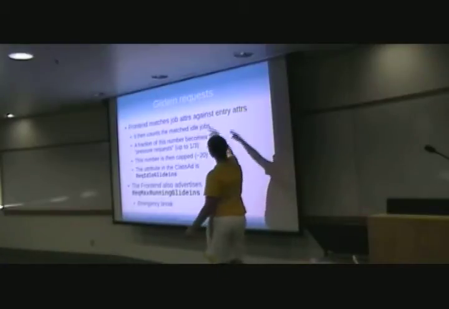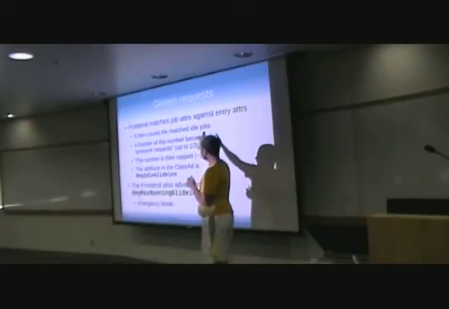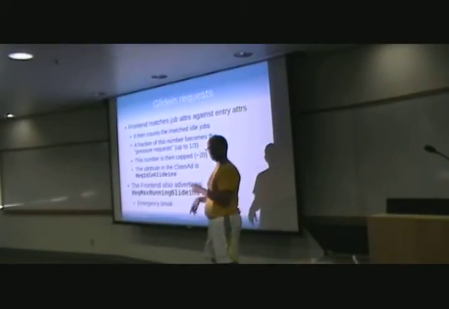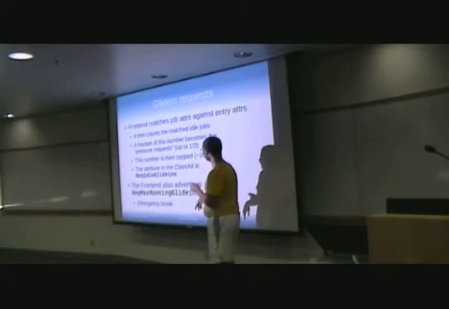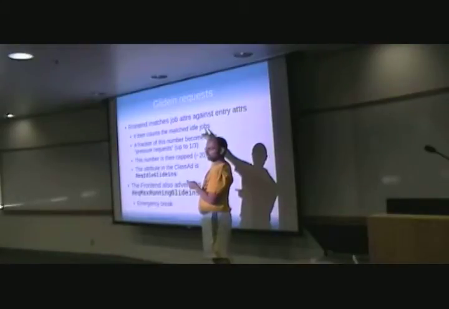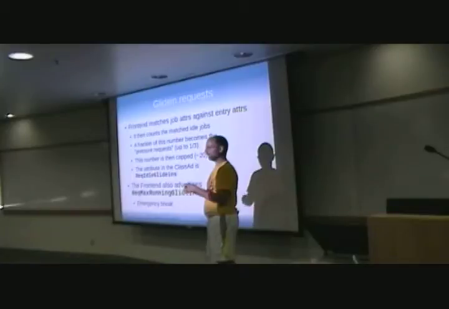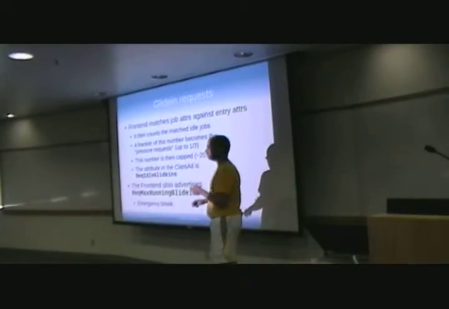And here is a little bit more in detail how this pressure is calculated. So we match the jobs against a specific entry. We count how many they are. We get a fraction, so about a third, say. And actually I have put here that if a single job matches multiple entries, we count that as a fraction. So if a job matches 10 sites, it's counted as 1/10, not as 1. This allows for both jobs that match many sites and having multiple factories and still working as it should.